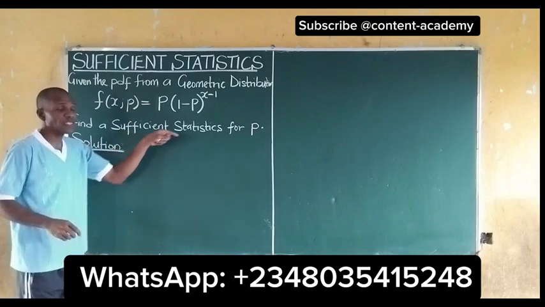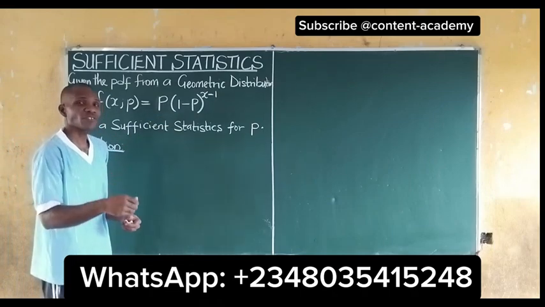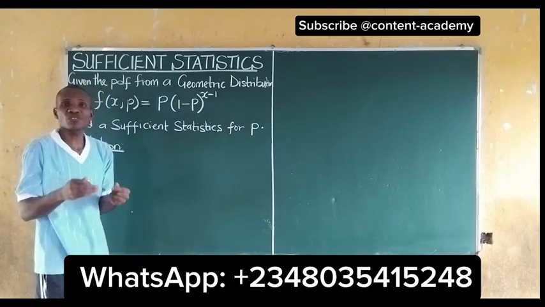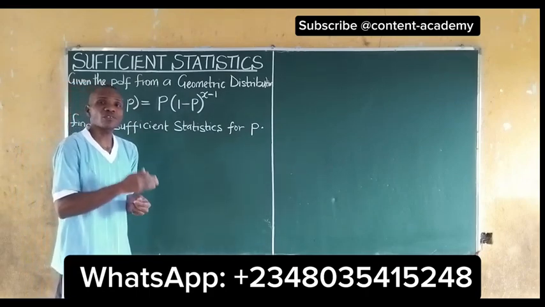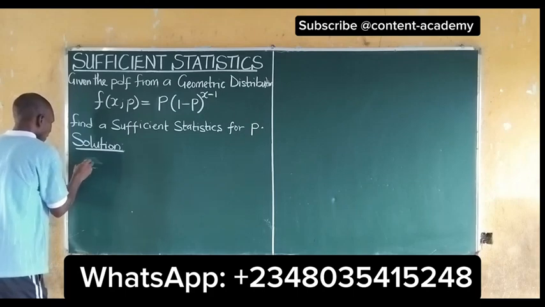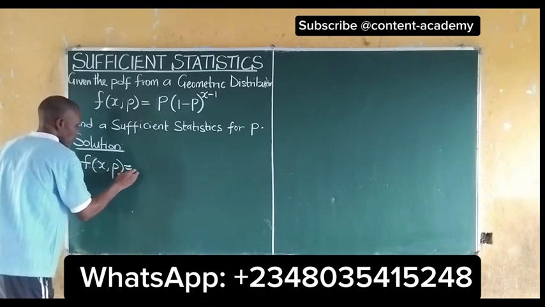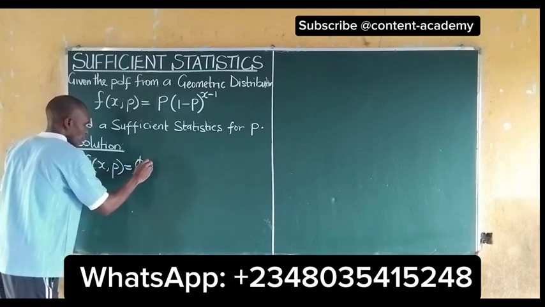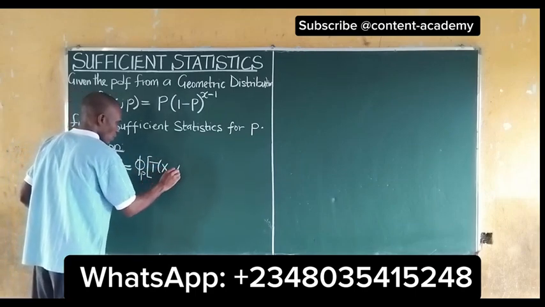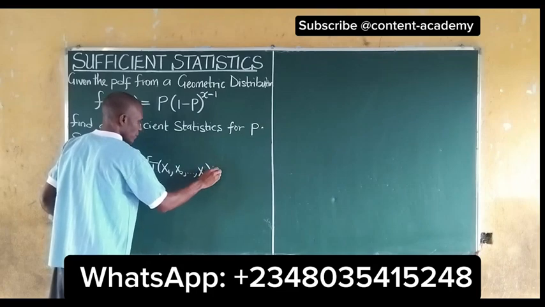To find the sufficient statistic for the given distribution, we employ what is called the factorization theorem, which states that a statistic is said to be sufficient if it can be factored into two components. What are the components? f of x given p is equal to this: one component is our T statistic, x1, x2 to xn, and this depends on p.